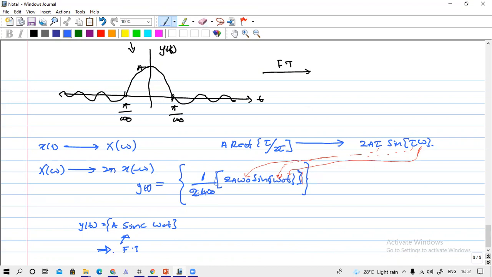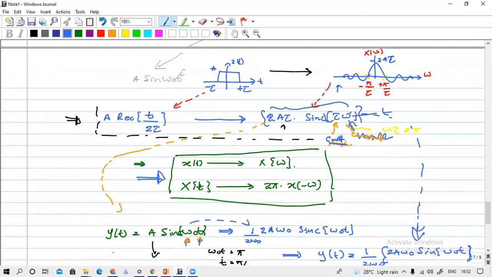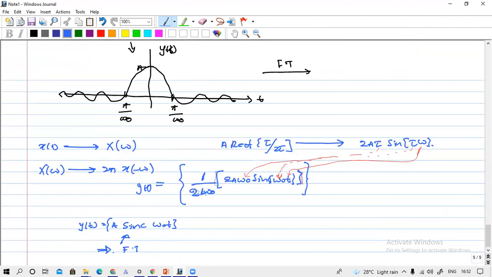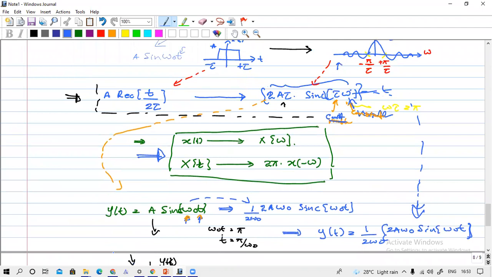To use the duality property, we should have the Fourier transform of a rectangular pulse. For this rectangular pulse, a rect t by 2 tau, we have 2a tau sinc tau omega. So this rectangular pulse gives 2a tau sinc tau omega.